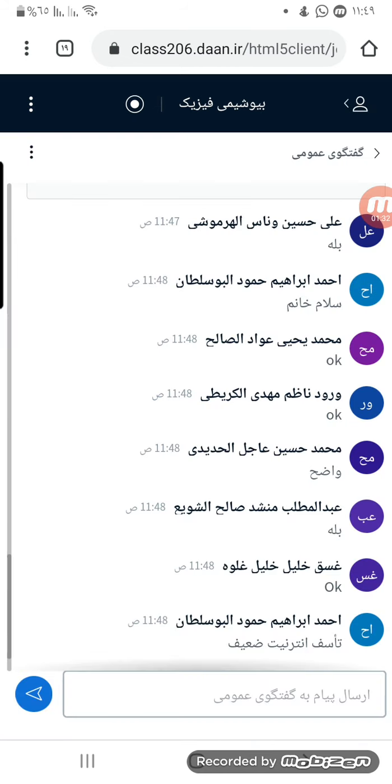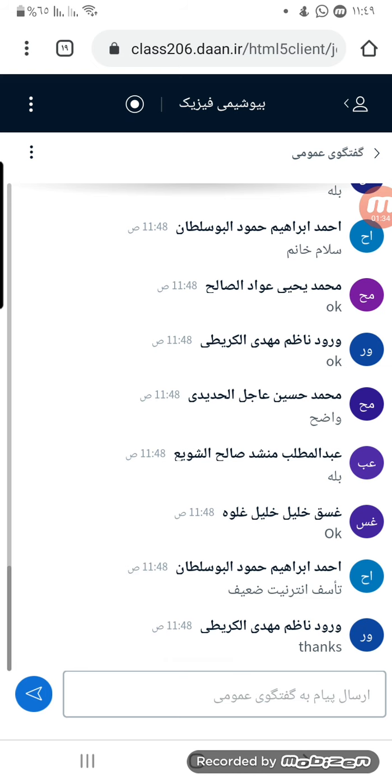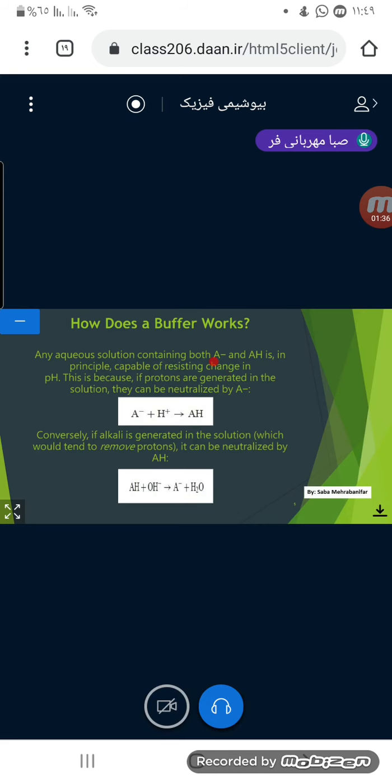You know, any aqueous solution, all the buffers in fact, have A minus and AH. Let me write it down. The buffer has two parts, A minus and AH.